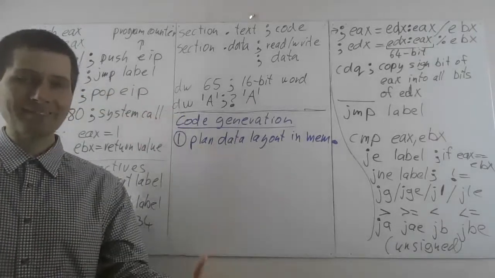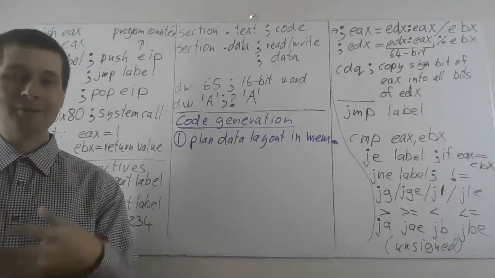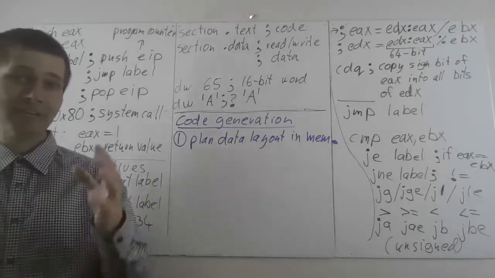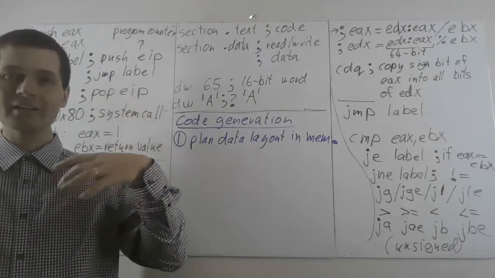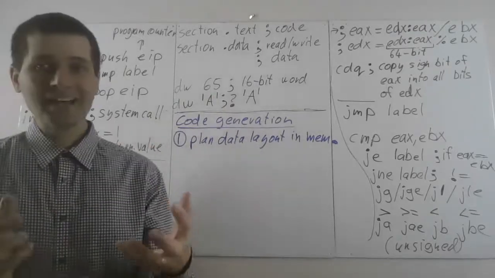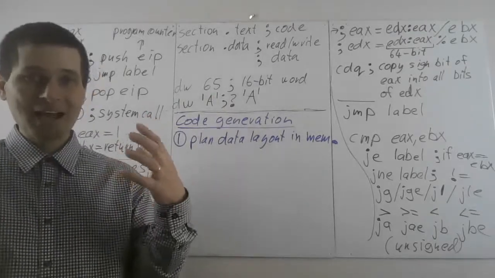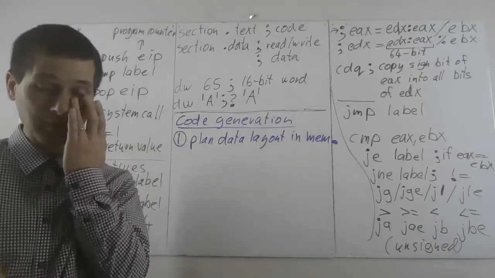Where are the methods? How do I do a cast? If I find that object, how do I know whether I can cast it to some class C? All of that, you have to have a plan for where all your data is going to be in memory.